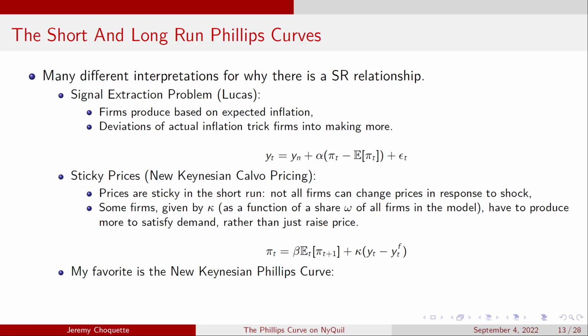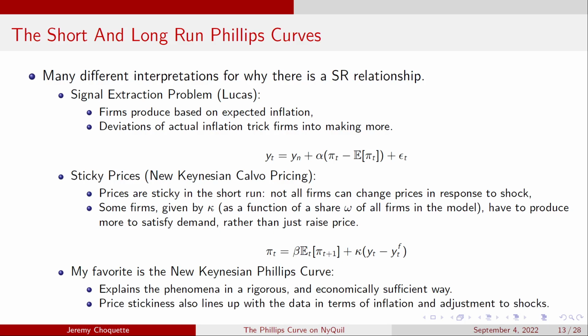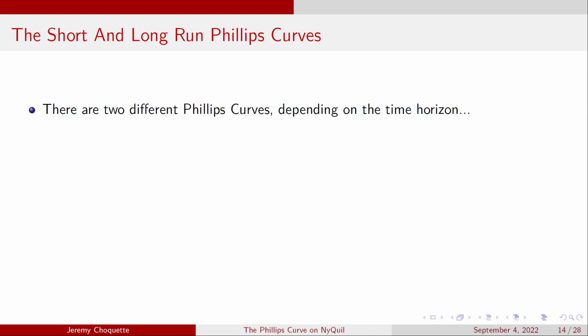Now, the one that I prefer is the new Keynesian Phillips curve because it provides a very convincing and academically rigorous description of how prices may be slow to adjust in the short run and how that can have an effect on output in the short run. And price stickiness also kind of lines up with the data in terms of inflation and adjustment to shocks.